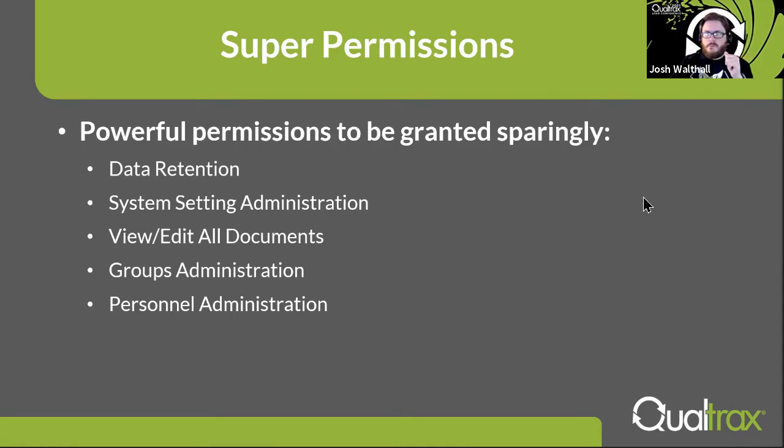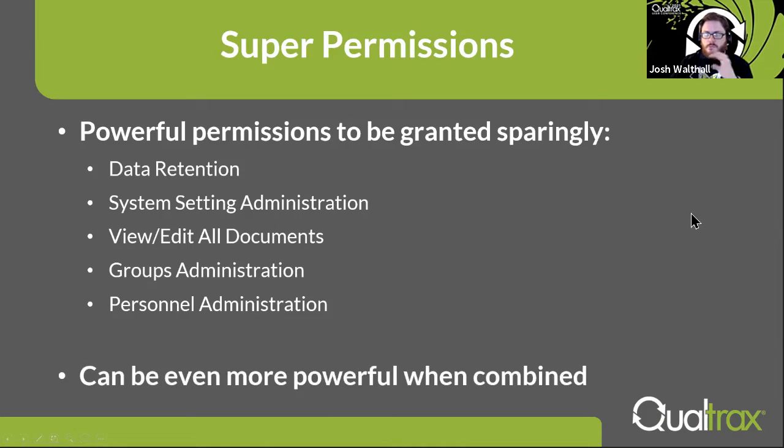I'll also say about super permissions that some super permissions become even more powerful when combined with other super permissions. And I mean, this makes sense, right? If you have some really powerful permissions, if you combine them together, you may have even more powers and abilities. So one example of this is if someone has the data retention permission and the view, edit all documents permission, that means they can delete any and all documents in the system.